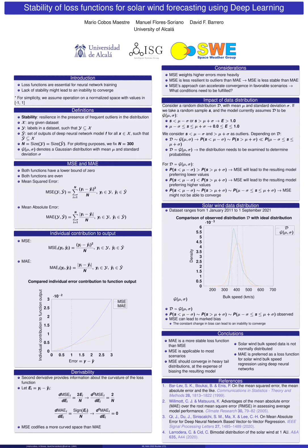This was solved immediately by using mean absolute error because it is more resilient to outliers, it is more stable, and so it takes longer to converge, but it converges in these cases. So just as a consideration for the problem of solar wind speed forecasting, yes, if we are not working with separate datasets for high speed and slow solar wind, we probably want to consider whether our data is normally distributed or not.